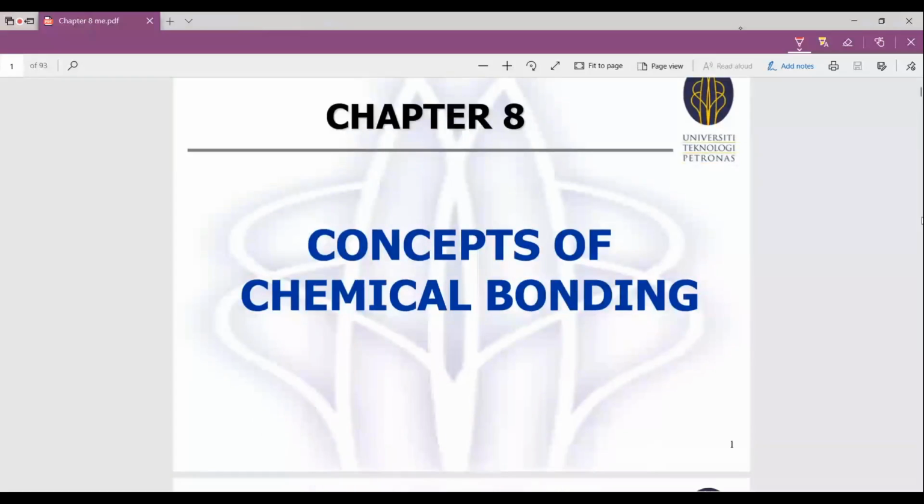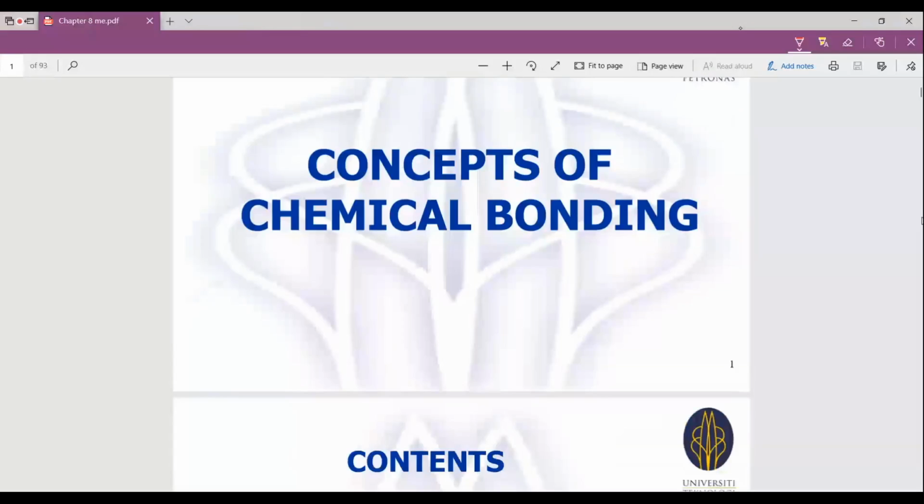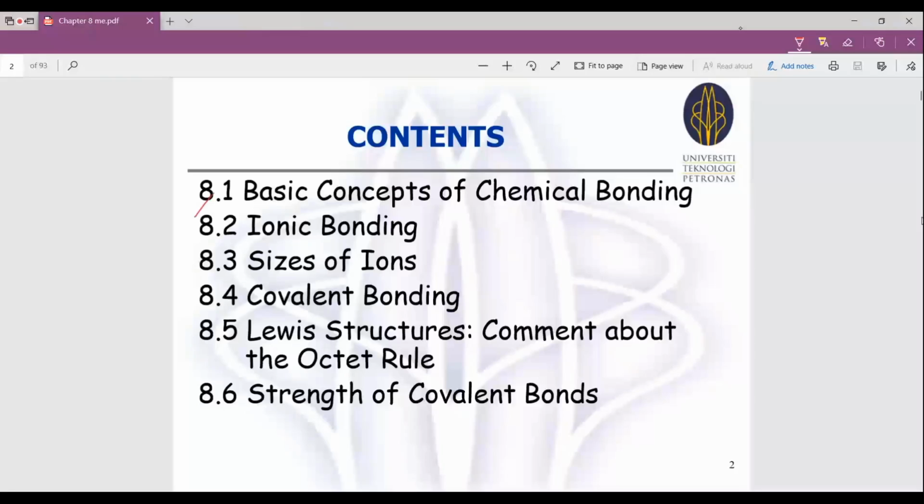In chapter 8 we will look at the bonding between metal and non-metal, between non-metal and non-metal, and metallic bonding between metal and metal. The contents of this chapter: first, the basic concept of chemical bonding. We have three types: covalent, ionic, and metallic.